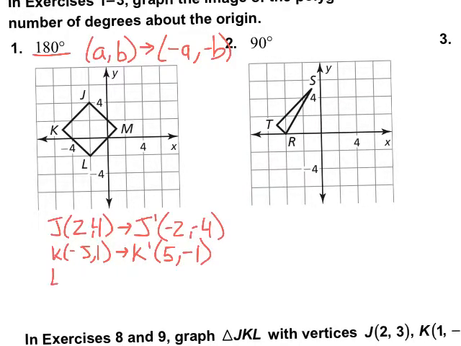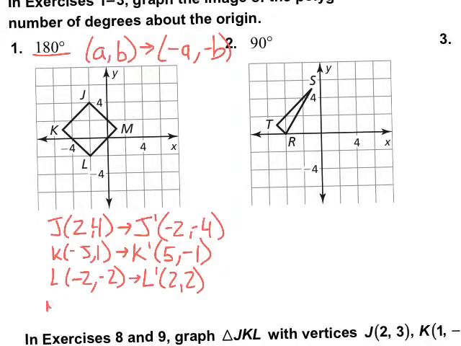Okay. L is negative 2, comma negative 2. So that's going to change to L prime, which is positive 2, positive 2.